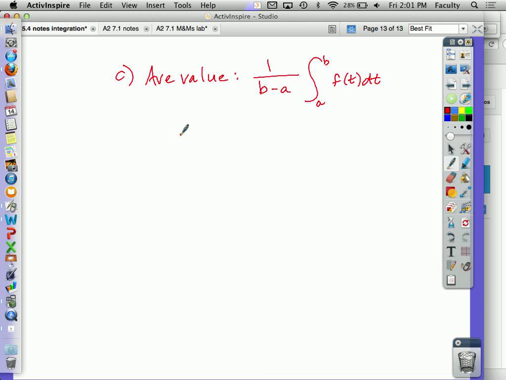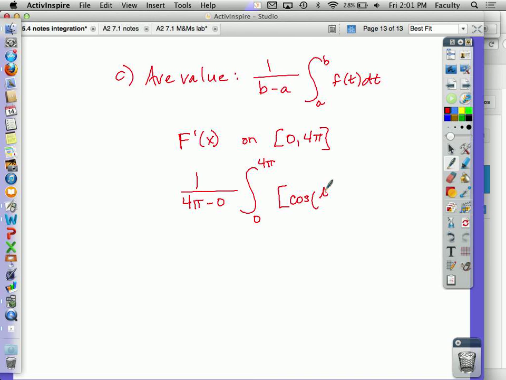So, if I want to find the average value of f prime of x on the interval from 0 to 4 pi, you're going to take 1 over 4 pi minus 0, the integral from 0 to 4 pi of the cosine of t over 2 plus 3 halves dt.